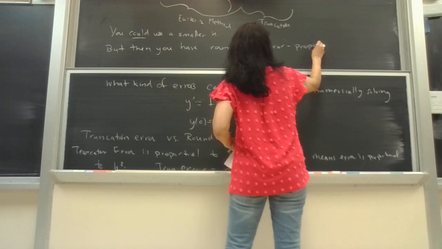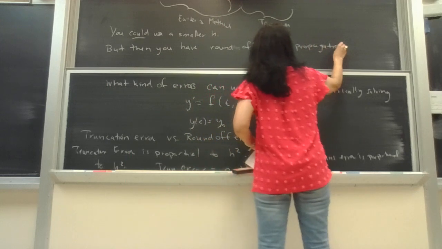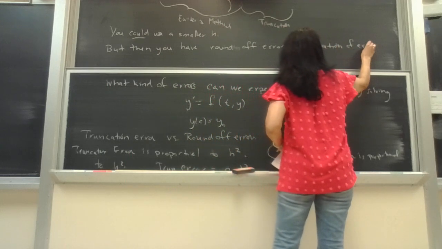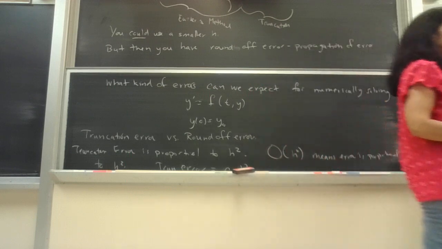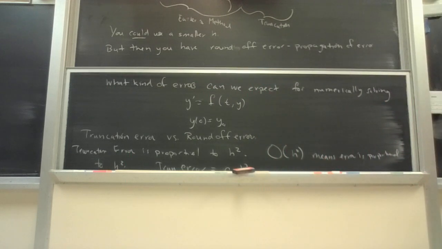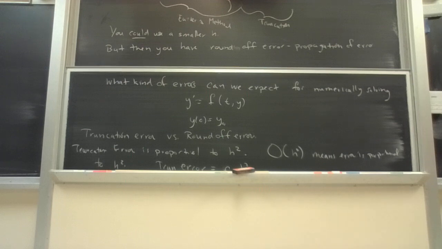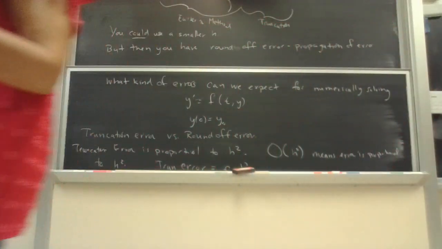I call it propagation of error. When you integrate something, back when you first learned about integrals and Riemann sums, you're just adding up small pieces. That's what you're doing when you chop something up by h and numerically integrate it.